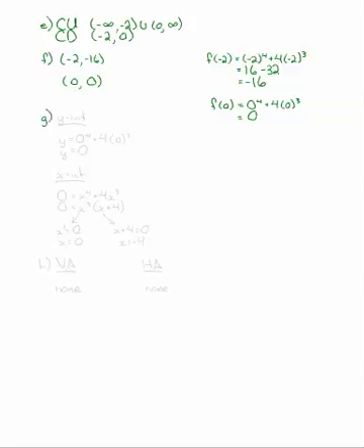G, the x and y intercepts. I always like starting with the y-intercepts, they're a little bit easier. Get the y-intercept, plug in 0 for x. We have a y-intercept of 0. X-intercept, plug in a 0 for y.